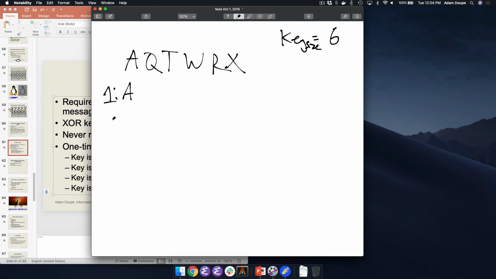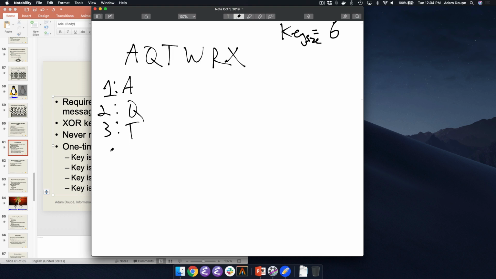So I have A, I have Q, I have T, I have W, I have R, and I have X. And now you apply however many translations of A are possible to however many translations of Q are possible, T, and so on. Yeah, but these are each created with a different key, so they're each shifting the alphabet in different ways. So how do I know if I'm correct in this case?